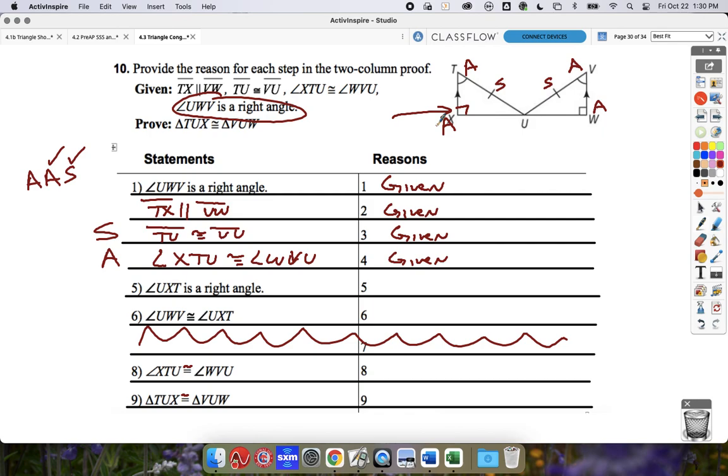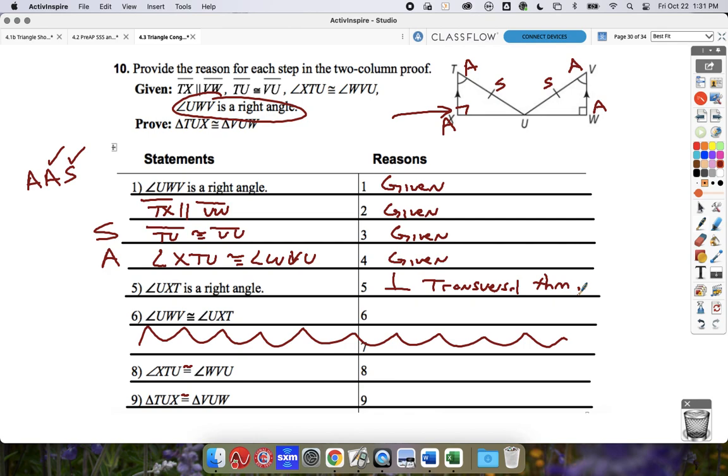If these two lines are parallel, and this line is perpendicular to this one, it is also perpendicular. Remember all that? Same side interior. That's actually right though, the perpendicular transversal here.